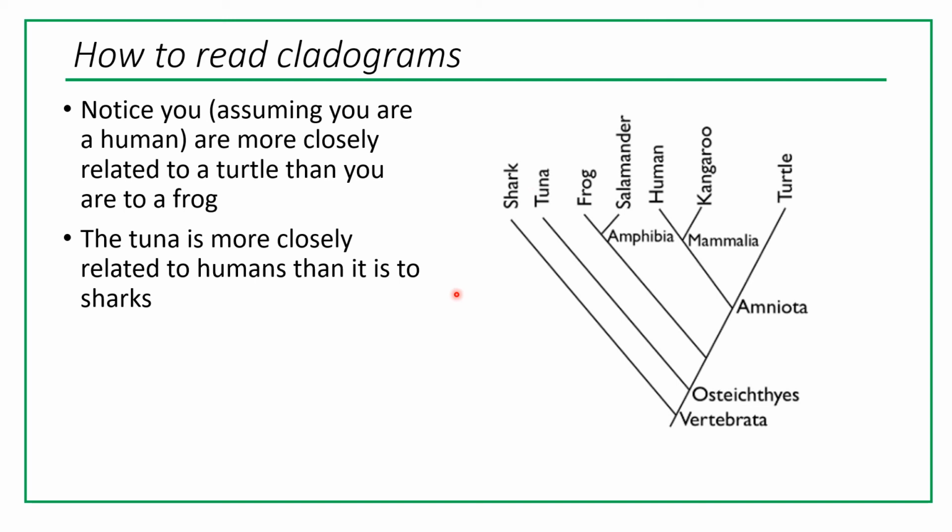Again, you're looking at where the lines intersect. Tuna and human, our lines intersect first, earlier in time, than tuna and shark. So tuna is more closely related to humans than it is to shark. That's really confusing over here, right? But you just see which lines intersect first. That's the common ancestor over here.